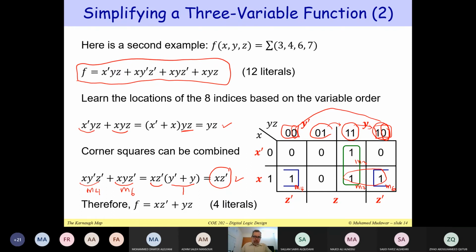So now my function can be rewritten as xz prime or yz, and it has only 4 literals. We started with the sum of minterms, which had 12, and we were able to simplify it to only 4 literals using the Karnaugh map technique. Okay, so everything is fine? Everything is clear?